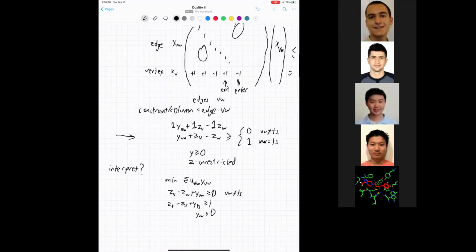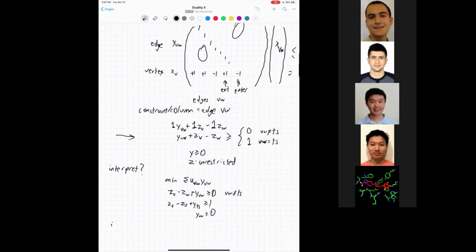So we can get a hint by looking at our constraints, right? This ZV minus ZW plus YVW is greater than or equal to 0. Does that seem reminiscent of anything? It looks like reduced costs. Yeah, in particular, it looks like a triangle inequality constraint, right?